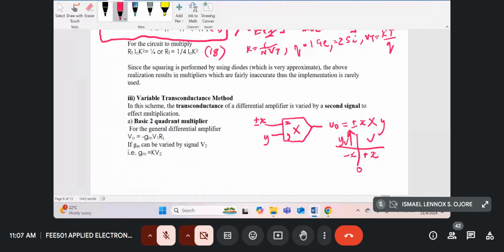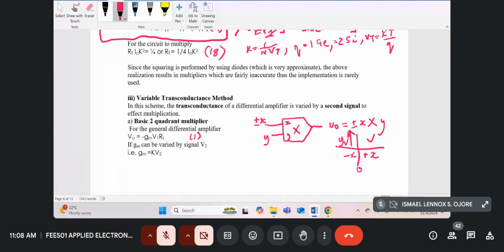Now for this multiplier, we're going to be using a differential amplifier, and for a general differential amplifier, we can write that V naught can be given as minus GM into V1 RL, where RL is the load resistance and V1 is the input.